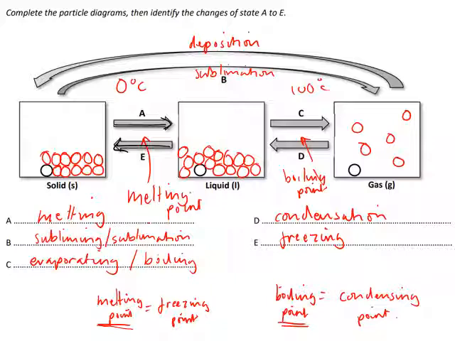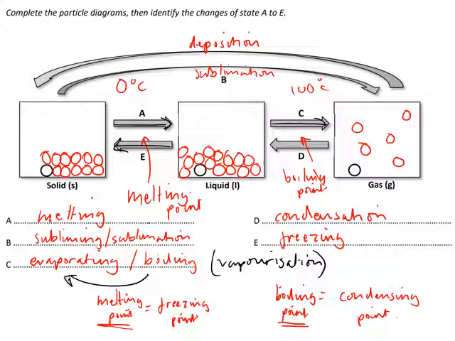And you'll see going from liquid to gas, that's water to steam, that's called evaporating or boiling. Now I think it's probably better to call it vaporization, because that is easier, and it doesn't allow you to get confused between these two terms, evaporating and boiling, because they are slightly different.